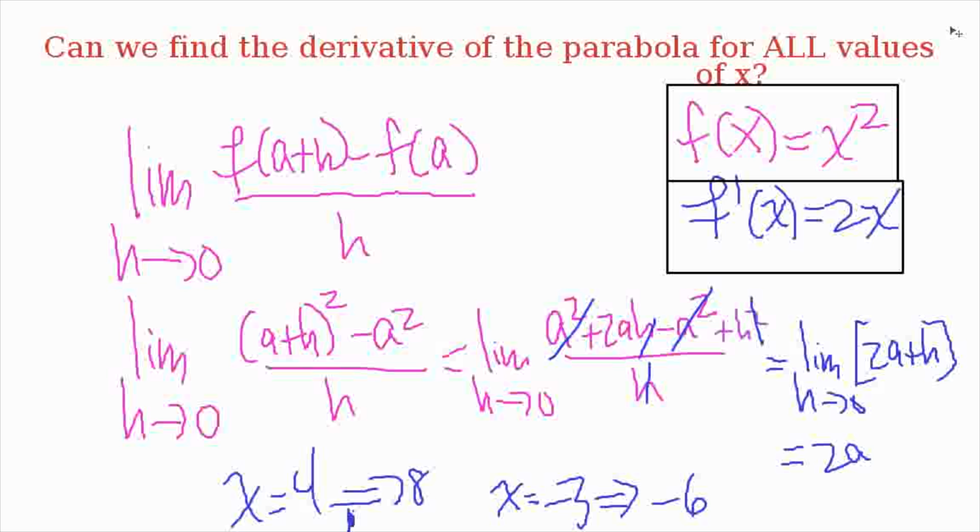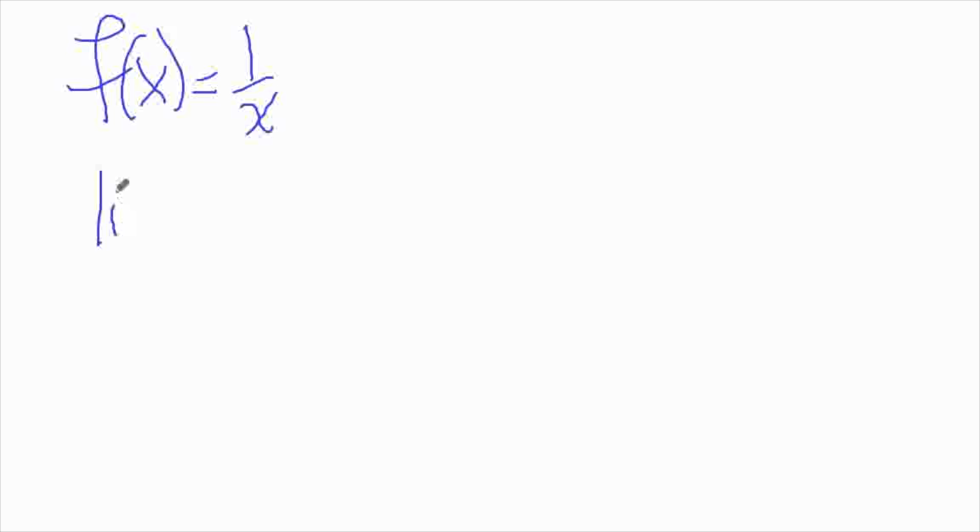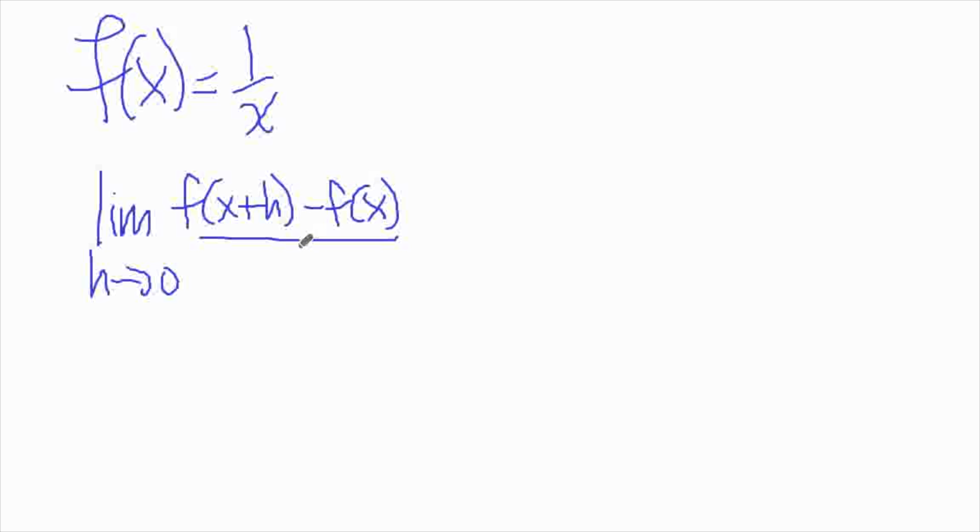Okay, so we just did it for a quadratic. Now, we could run through the algebra for the following pattern as well. How about if I had a function 1 over x? Let's see if we could do that one. Okay, so we're going to do the limit as h approaches 0 of f of x plus h, this time I'll use x instead of a, minus f of x divided by h.